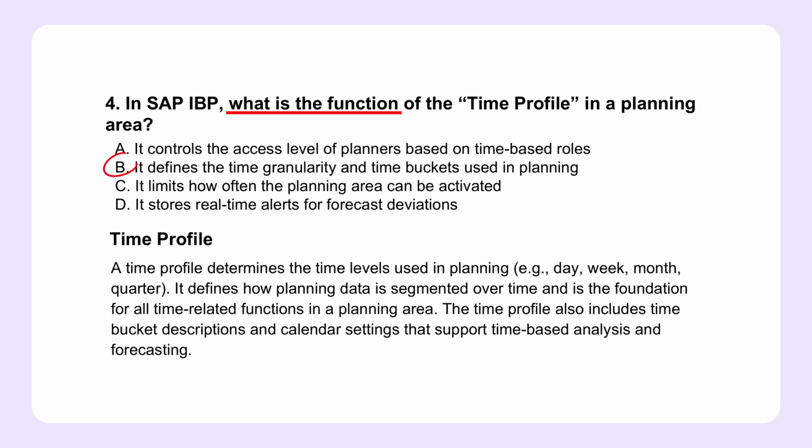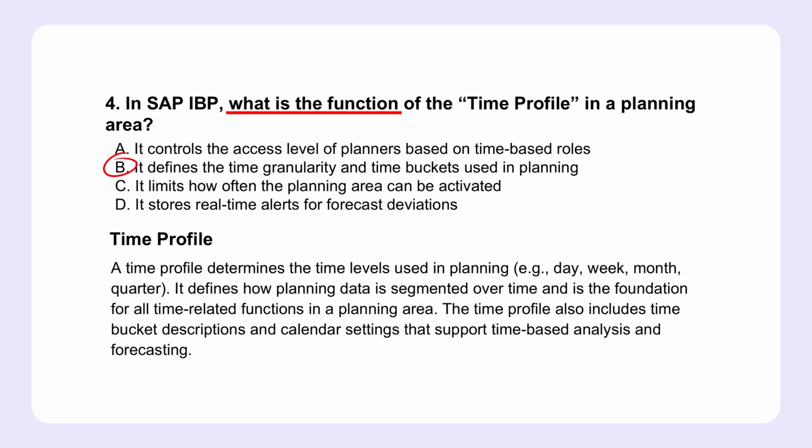So, what's really cool here is how the time profile basically dictates the rhythm of your planning. Think about it. Different parts of a business operate on different time horizons. For sure. Short-term operational planning might need a daily or weekly view, almost like looking at the minute-by-minute movements of the stock market. But then strategic forecasting might only need a monthly or quarterly perspective, more like looking at the long-term trends.